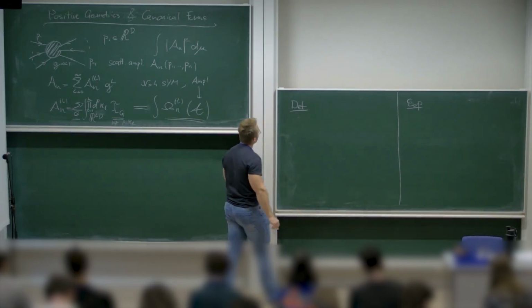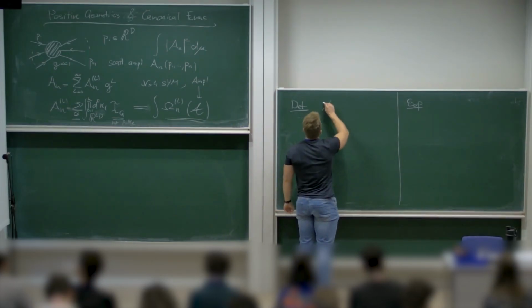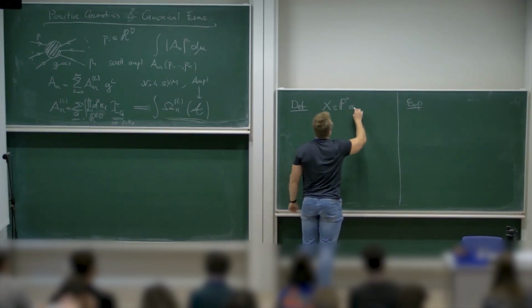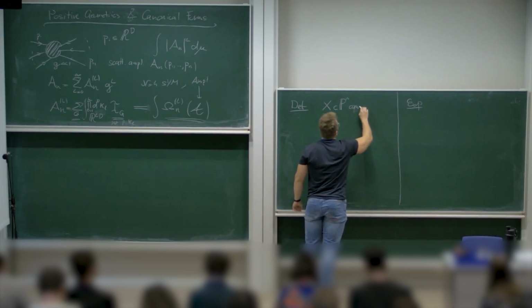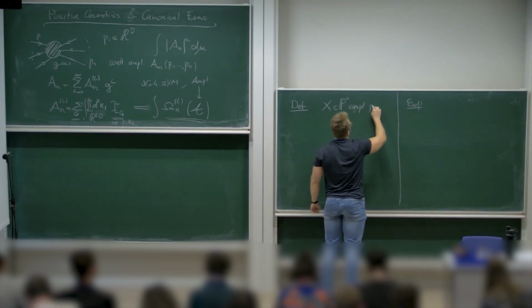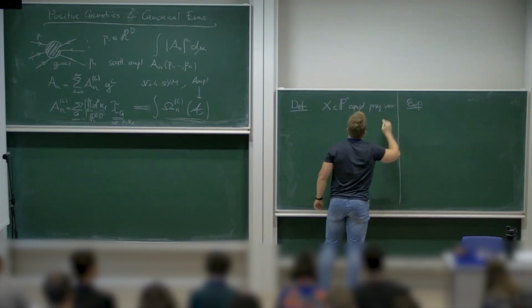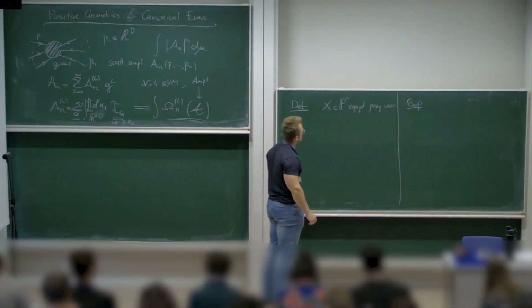So I have certain ingredients. The first ingredient is a complex projective variety. So what is a complex projective variety?